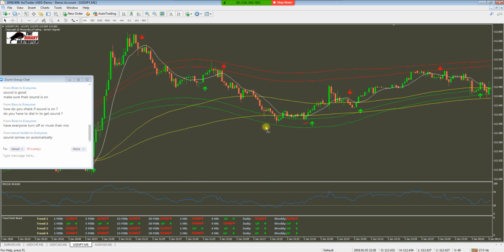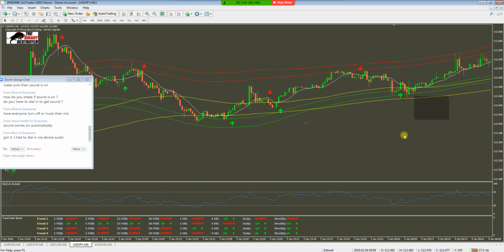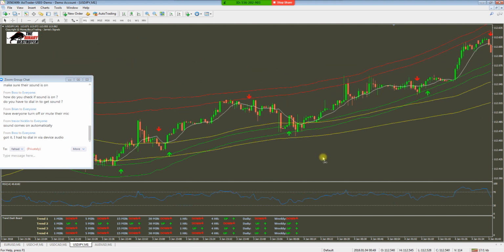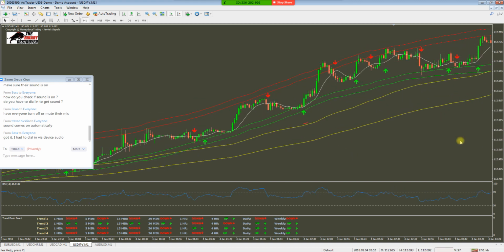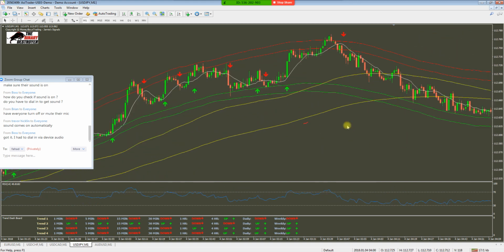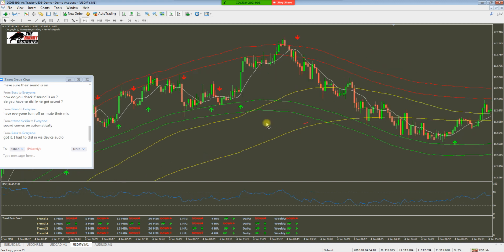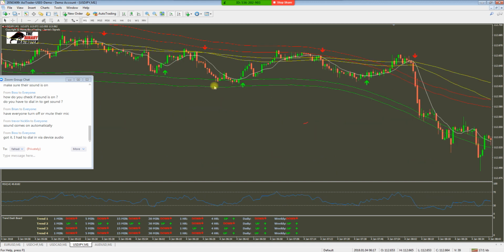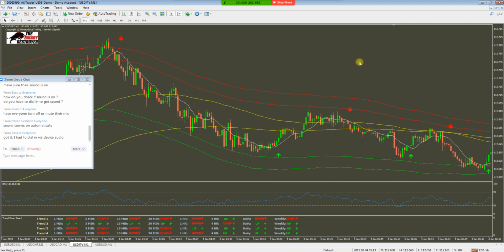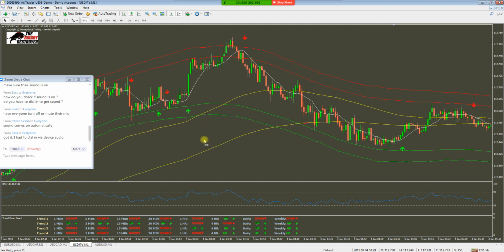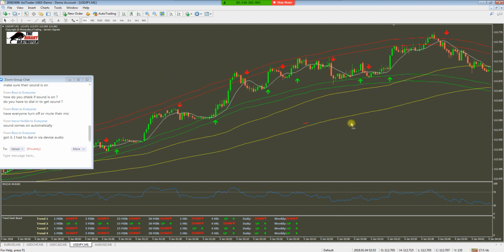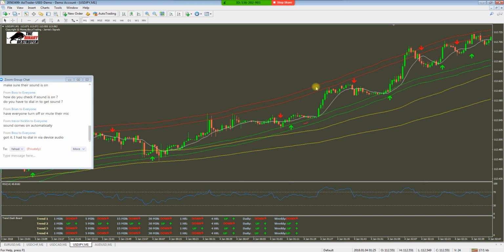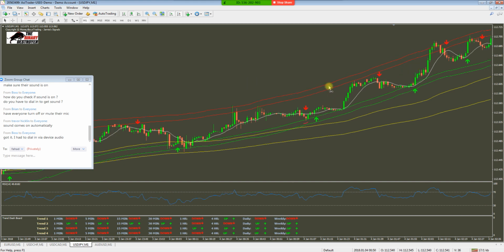So when the market is above the moving averages, it's in an uptrend. Can you see that? When the price starts breaking it and coming down, we're now in a downtrend. We're now below the moving averages. But the good thing about moving averages is they can act as support and resistance. They're not major support and resistance, but they're good to get into a trade.